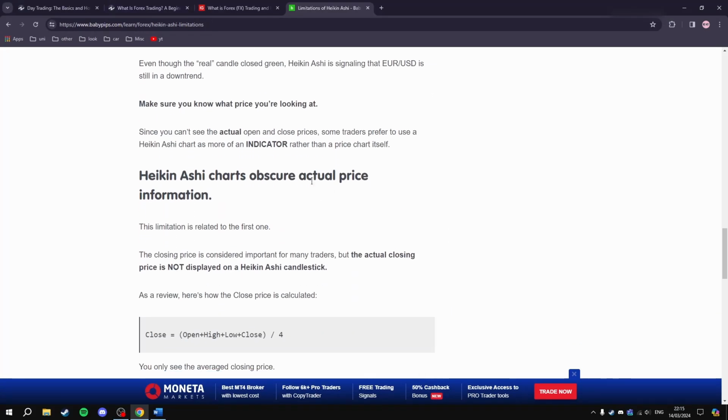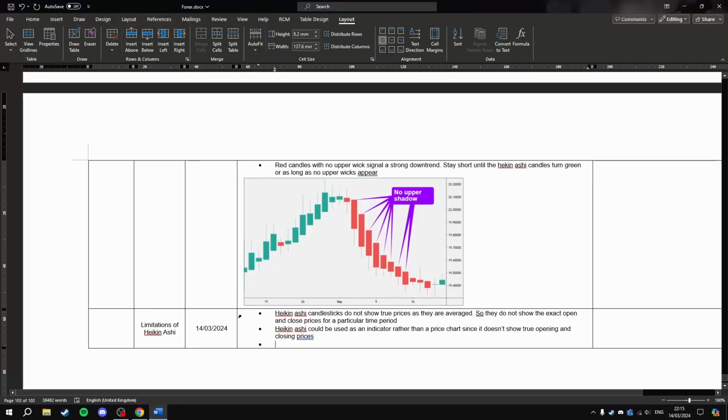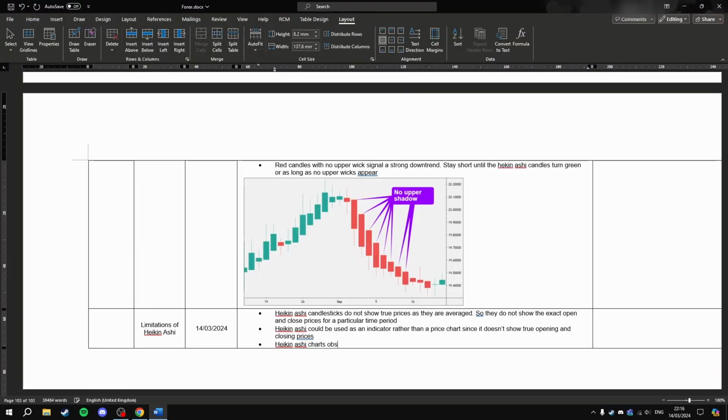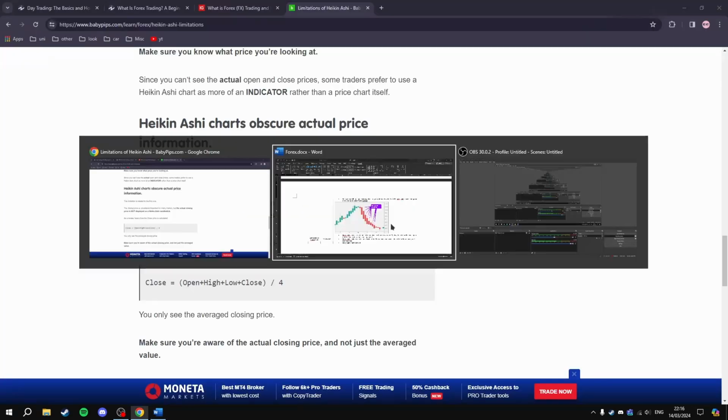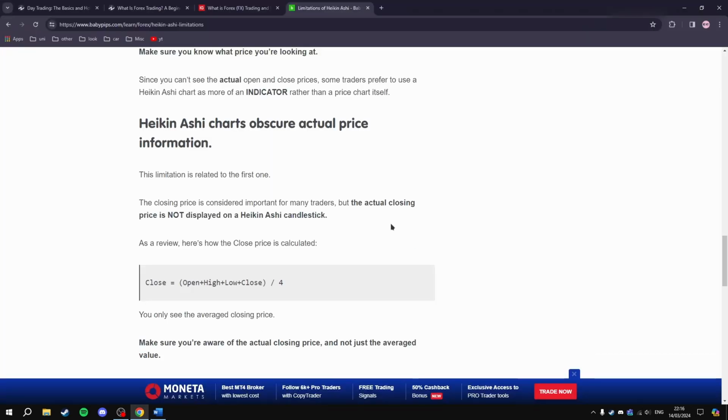Heikin ashi charts obscure actual price information. This limitation is related to the first one.